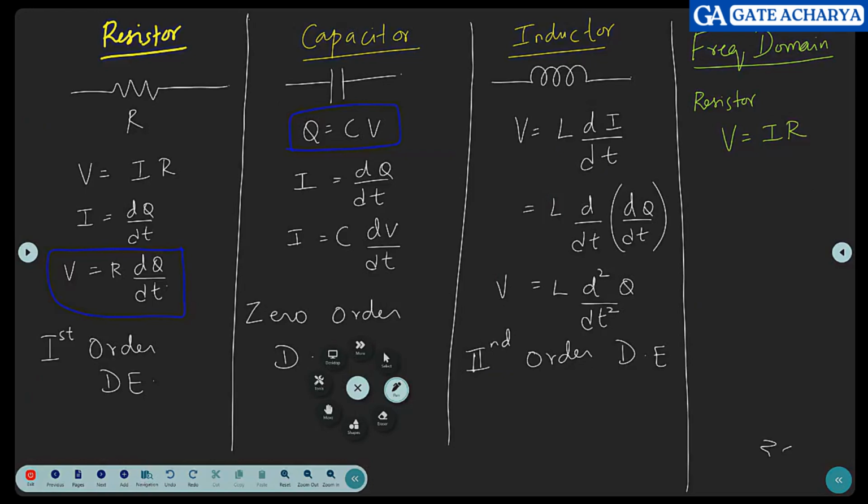But for a capacitor, when you push this equation into frequency domain, instead of d by dt you put S, and S equal to j omega. So it will be I equal to C j omega V. And how about an inductor?